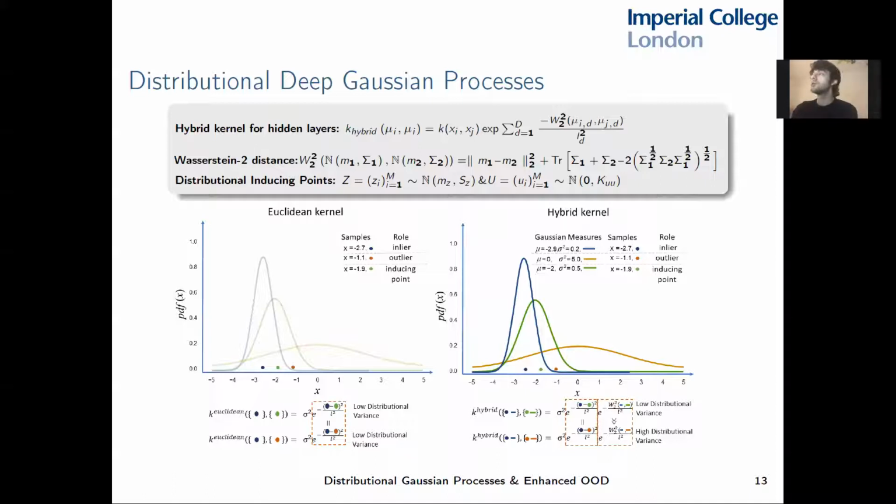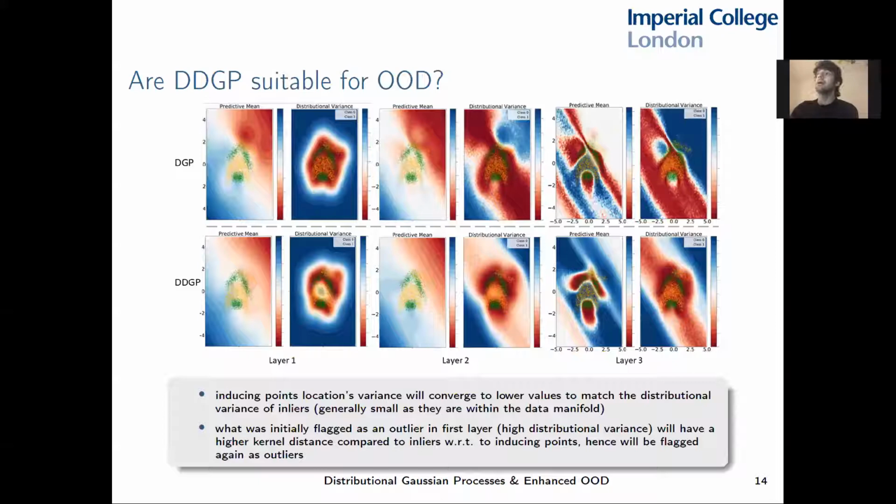All right, so this was the conceptual difference between deep GPs and distributional deep GPs. And now the question boils down to whether these things are actually suitable for out-of-distribution detection. We again have a 3-layered deep GP in the top row and a 3-layered distributional deep GP in the bottom row.